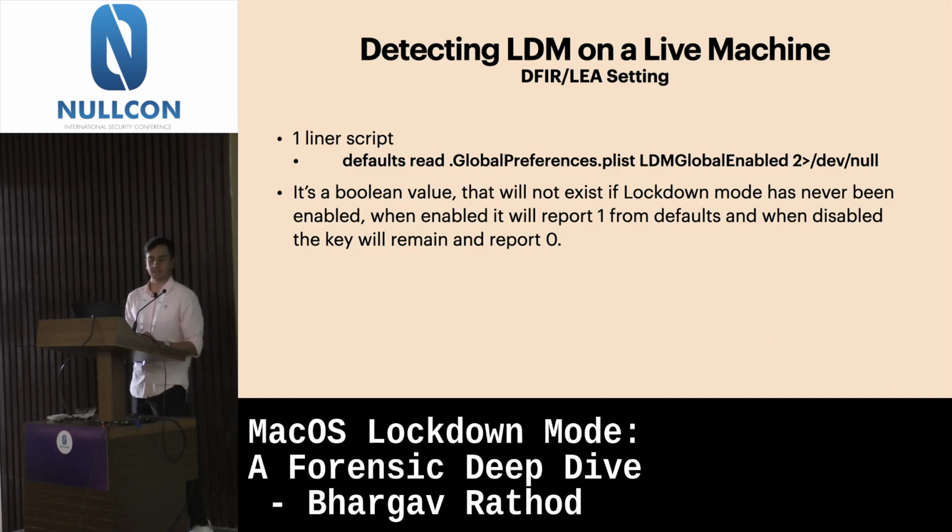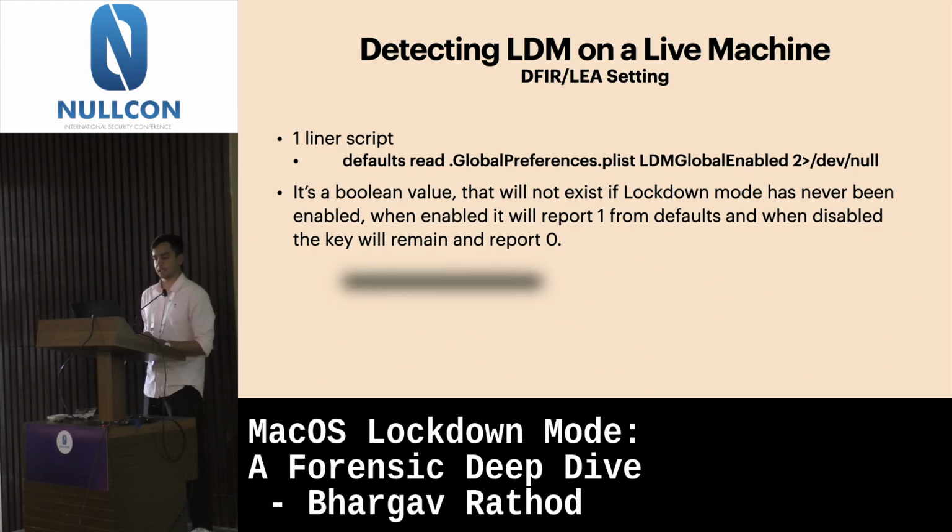So this is a one-line script which is just reading your .global preferences plist file, and there is a key called LDM global enabled. If it's set to 1, that means it is enabled, and if it's 0, then it is disabled. Pretty simple.